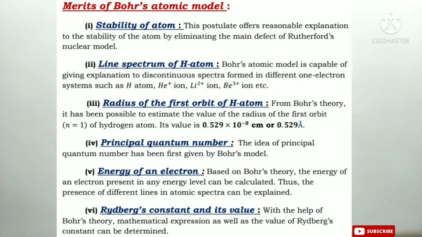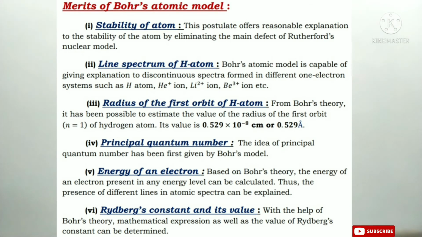Of course, the defect of Rutherford's atomic model was that Rutherford's model can't explain the stability of an atom, but Bohr's model can at least explain the stability of an atom. Then the line spectrum of hydrogen and hydrogen-like systems can be explained by Bohr's atomic model. Then the radius of first orbit of hydrogen atom is obtained from Bohr's model.